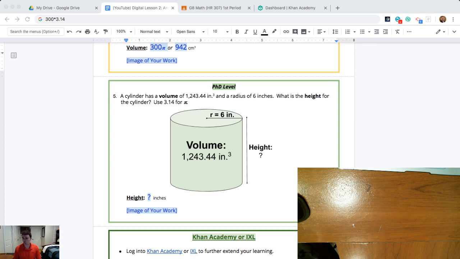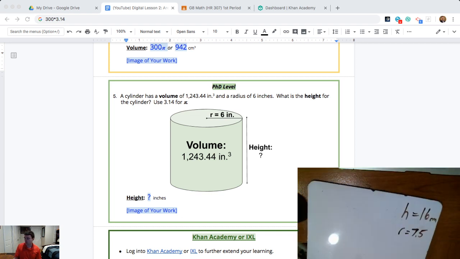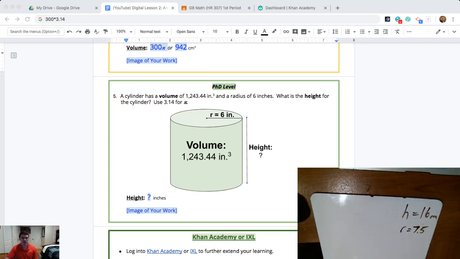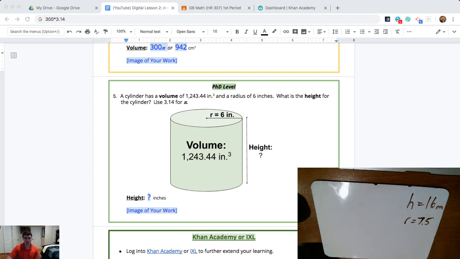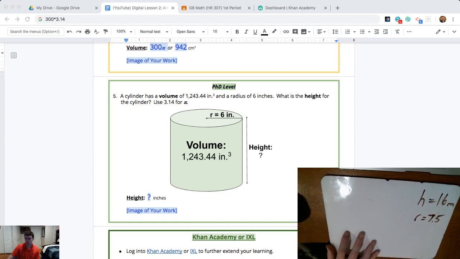You need to combine what we're doing today with your peeling the onion or equation solving skills that you had from Mr. Neville last year and that we've practiced a bit as well. So for number 5, they tell us the shape is a cylinder. They tell us the volume of that cylinder.